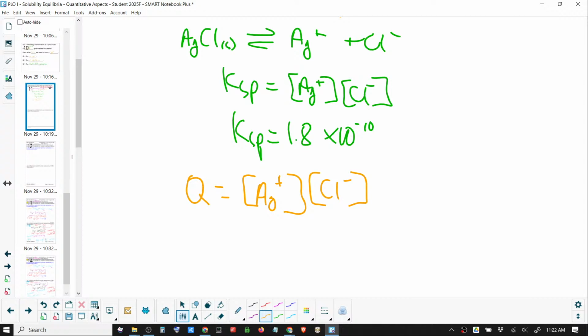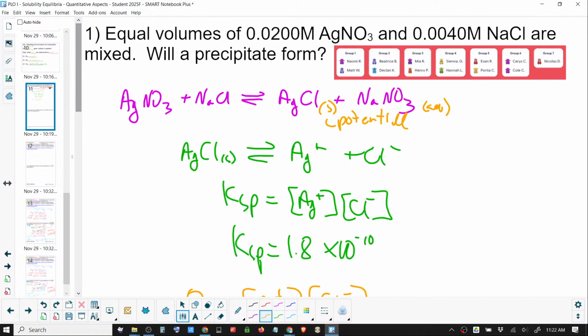What's the concentration of silver ions? Oh, it's 0.2. It's close. Equal volumes are mixed. It's diluted. You took a liter of that, you mixed it with a liter of the other stuff. What's the new concentration?